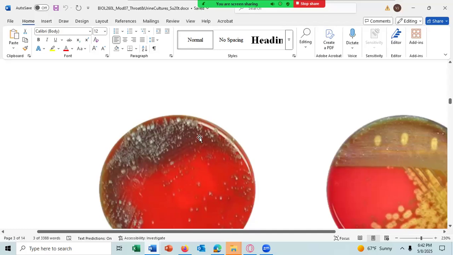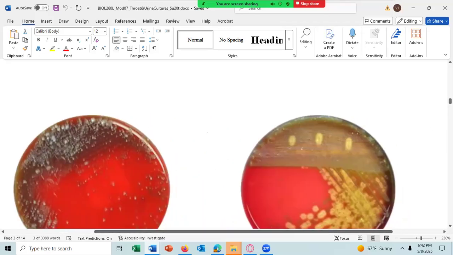And right there, we also have alpha hemolysis, which is a darkening of the blood, but it's not complete hemolysis. And so this would not be Streptococcus pyogenes, and that's not Streptococcus pyogenes either. None of these colonies are Streptococcus pyogenes. Excuse me. Sorry about that. I had to sneeze.